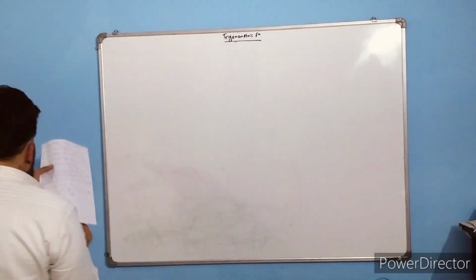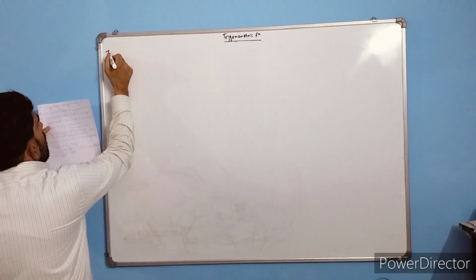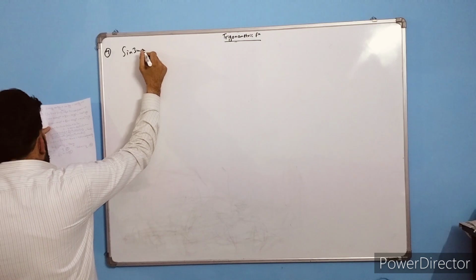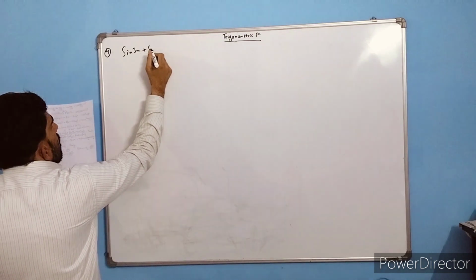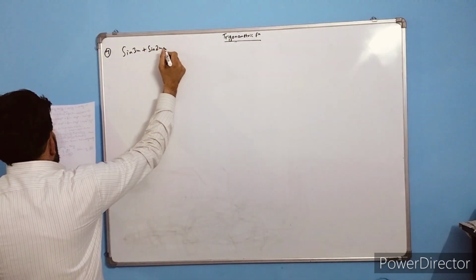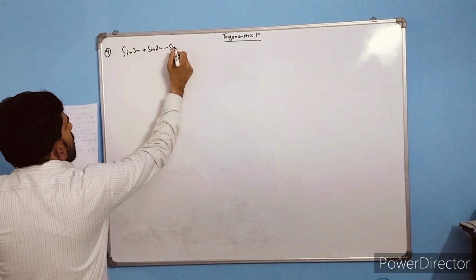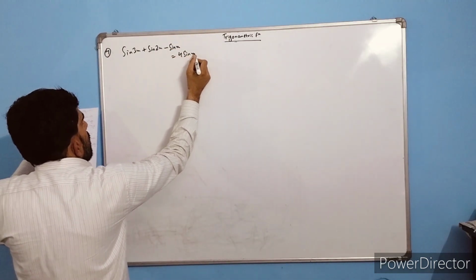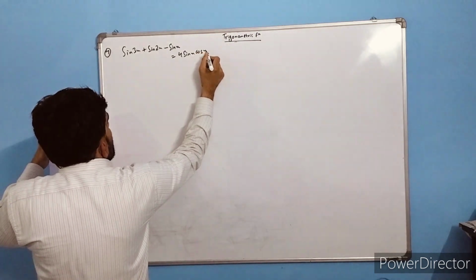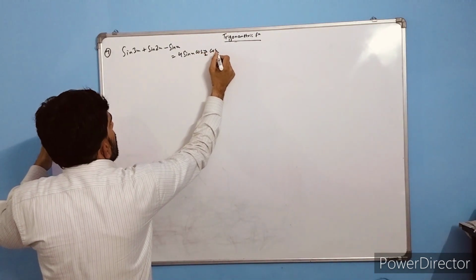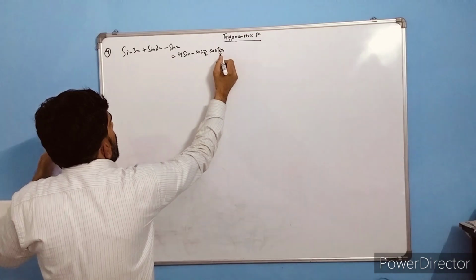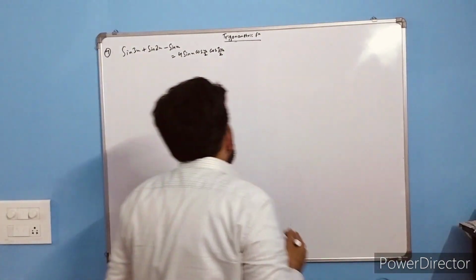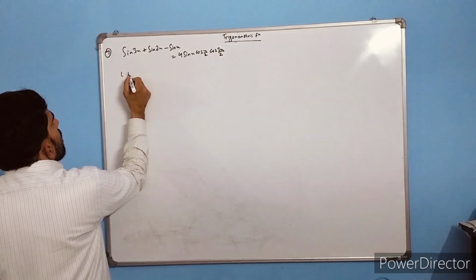So now the seventh numerical is, they're asking about sin 3x plus sin 2x minus sin x is equal to 4 sin x cos x by 2 and cos 3x by 2. Okay. So now let us try to solve it by the LHS side first.